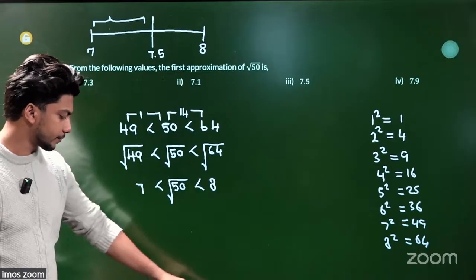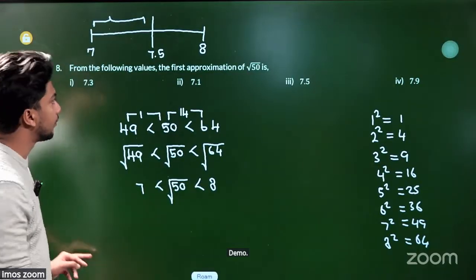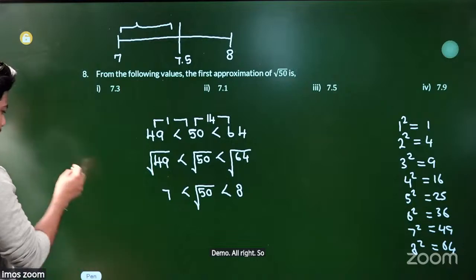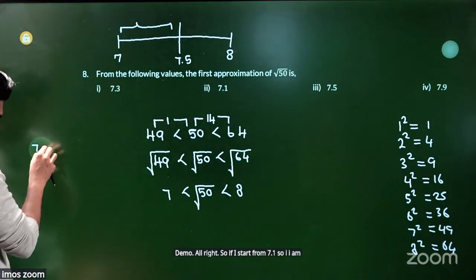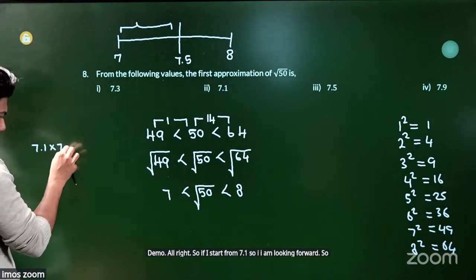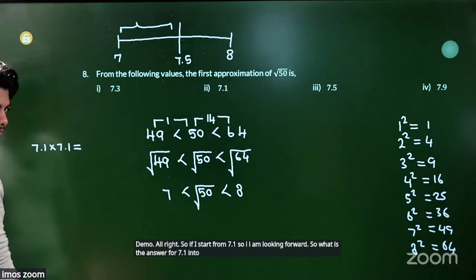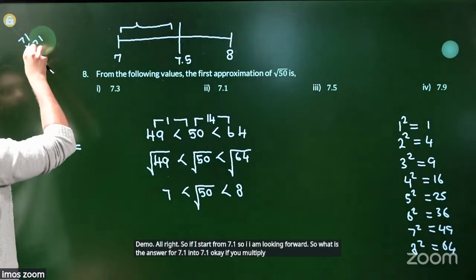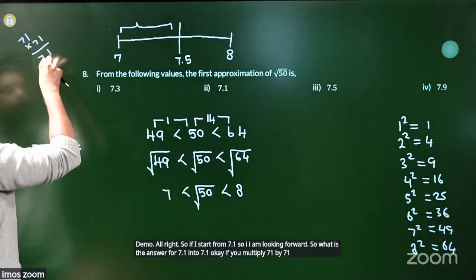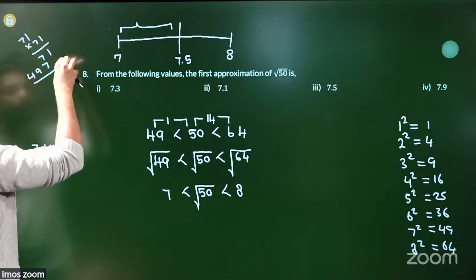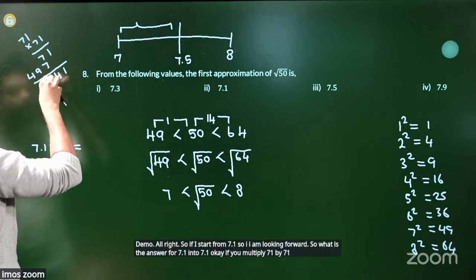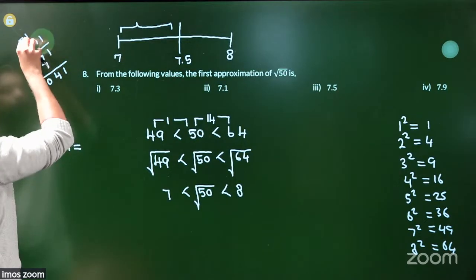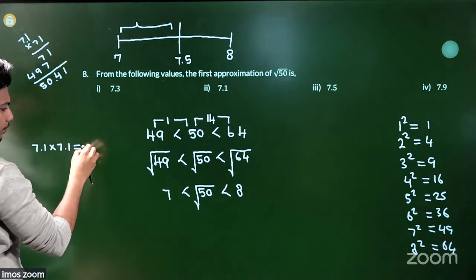Understood? Right. So if I start from 7.1, I am looking for the answer for 7.1 into 7.1. Okay, if you multiply 71 by 71, it is 50.41.